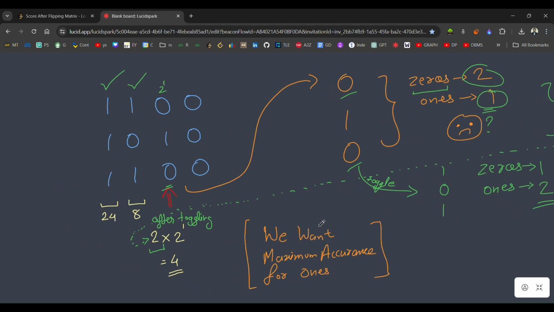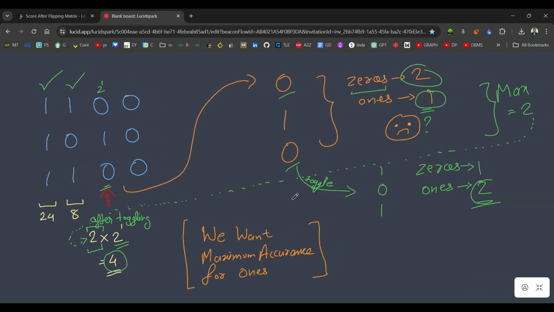So just toggle it, then get the number of ones, and do the same thing. Number of ones is 2, into 2 raised to power 1, which will give 4, right? But if you think carefully about what I'm doing here, I'm actually taking the maximum of the number of zeros and the number of ones, right?